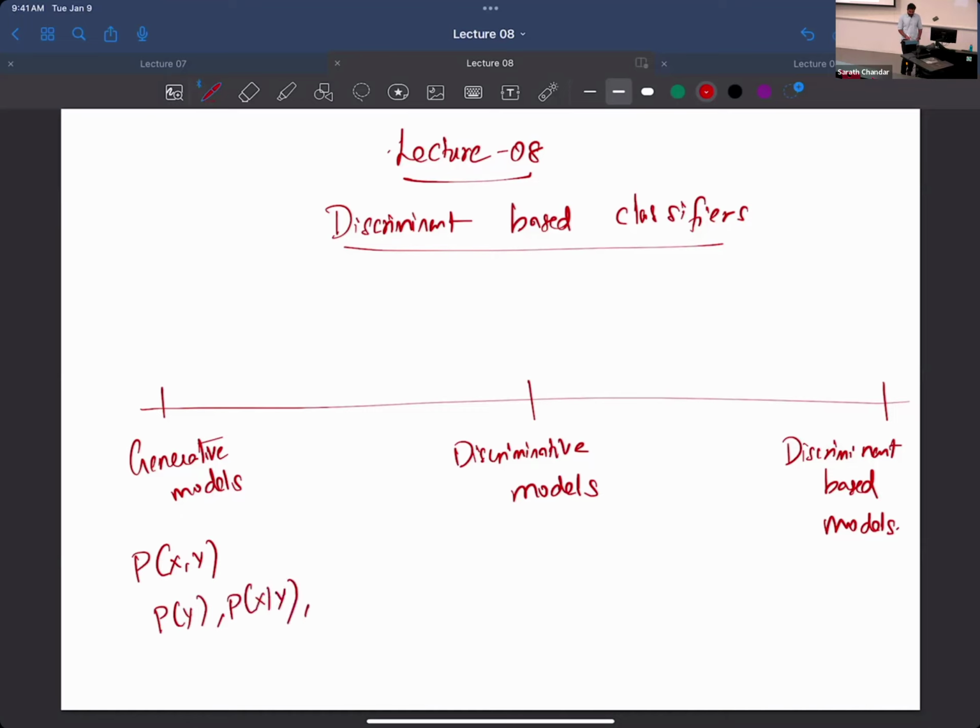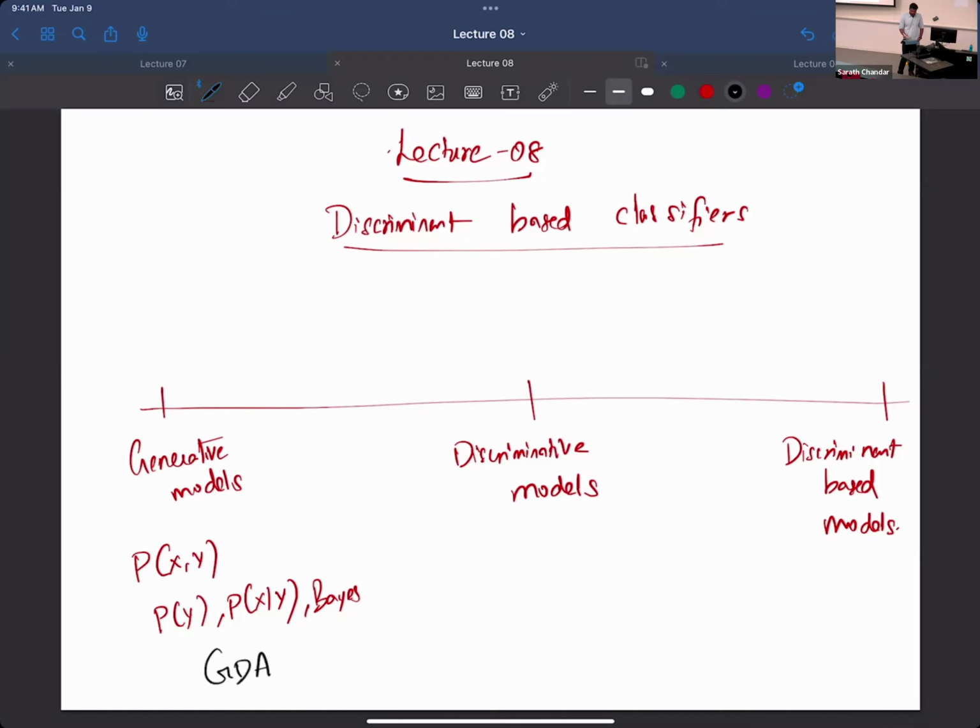And then we use the Bayes rule to flip the conditional and compute P of y given x. So can you give me example algorithms for generative models that we have seen? Yeah, GDA is one example, right?